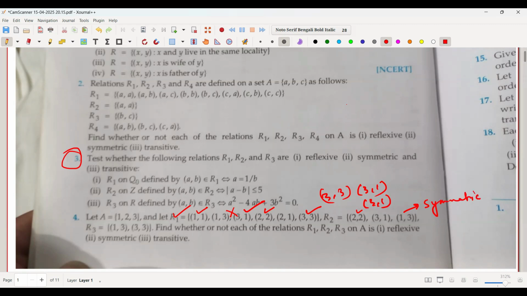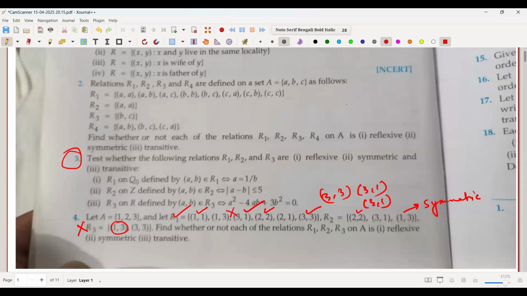Okay, so for R3, 1 comma 3 is there, 3 comma 3 is there, so 2 comma 2 and 1 comma 1 are not present in R3, so this is not reflexive. 1 comma 3 and 3 comma 3, it is also not symmetric because 1 comma 3 is there but 3 comma 1 is not there.